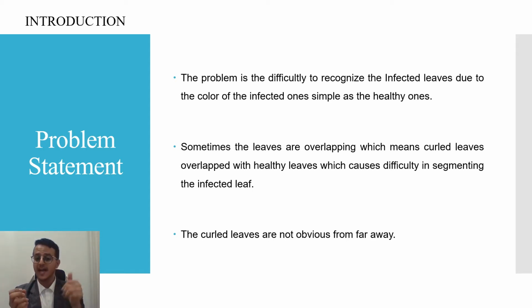Moreover, the color of the healthy leaves and the infected ones is the same, while the difference is in the shape and texture. This similarity makes it difficult for the human eye, and it's a challenging task from the point of view of machine vision.